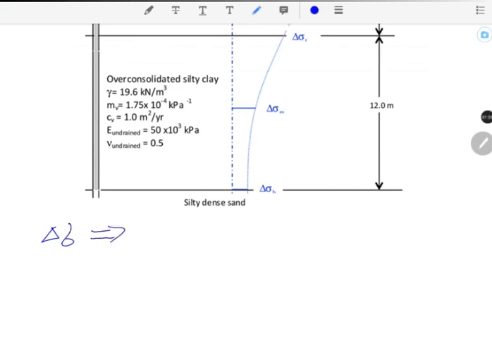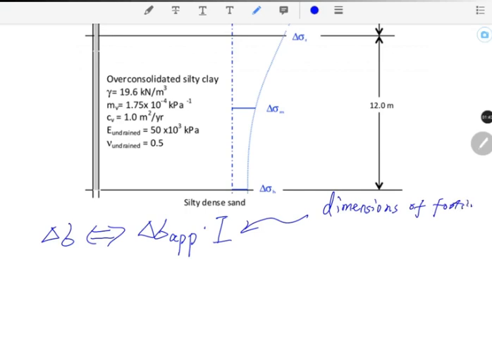is determined by the delta sigma applied times the influence factor, and the influence factor is determined by the dimensions of the footing, the depth of the point, and the position of the point.